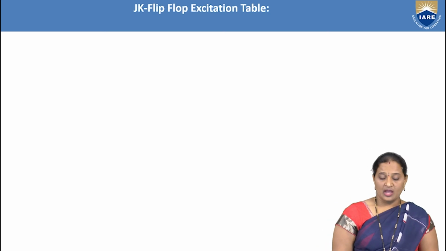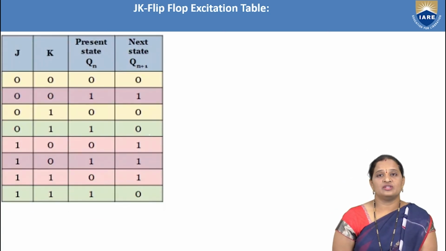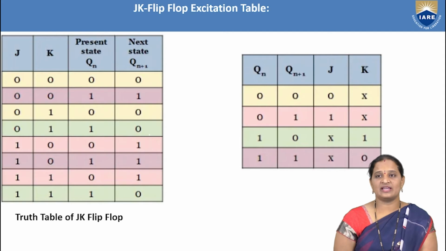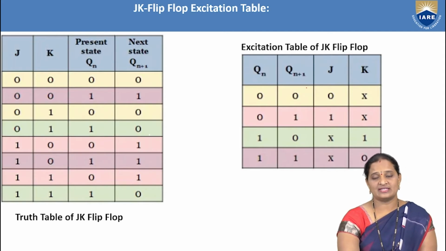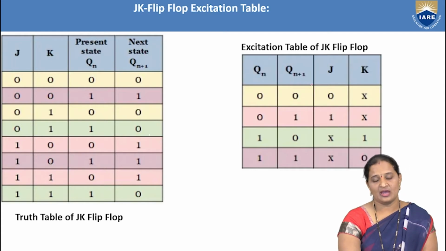Next up, now we are going to derive the excitation table for the JK flip-flop. Consider the truth table here of the JK flip-flop, and this is the excitation table of the JK flip-flop. The excitation table will have present state and next state, followed by the inputs of the flip-flop.